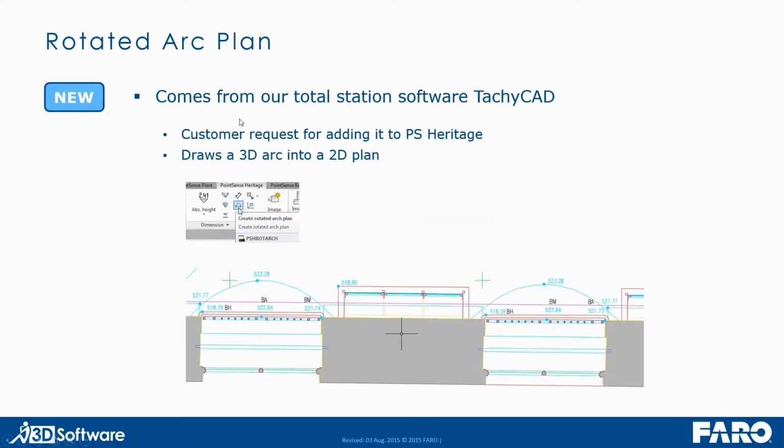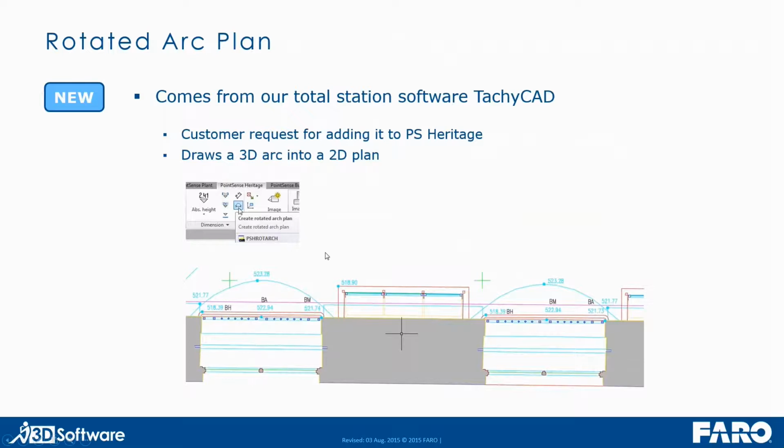This tool originally comes from our total station software TachiCAD. So we added it to PointSense Heritage on user request, and it's meant to draw 3D arcs into the 2D plan. This is a requirement usually in cultural heritage drawings.